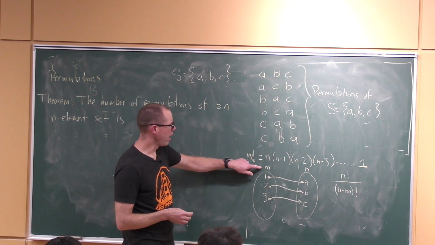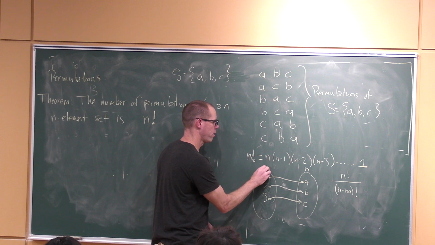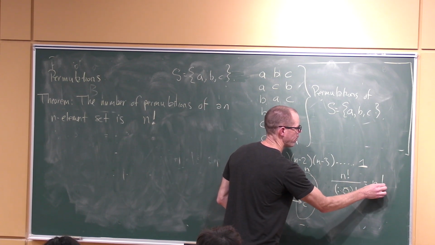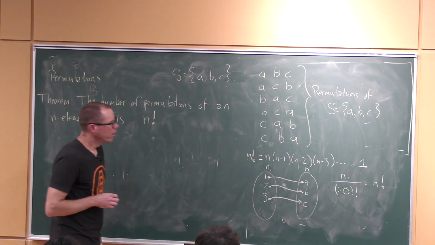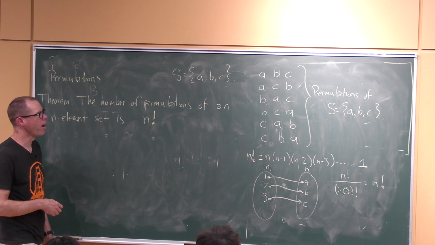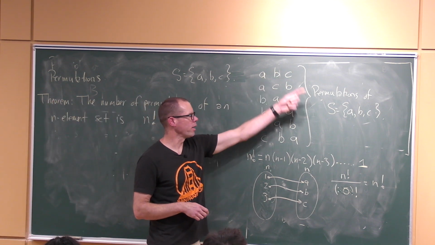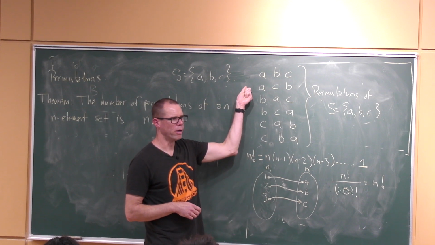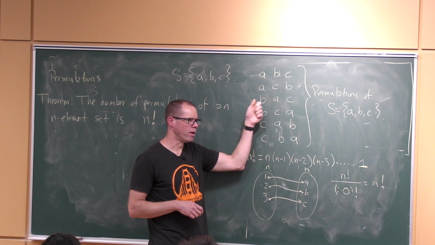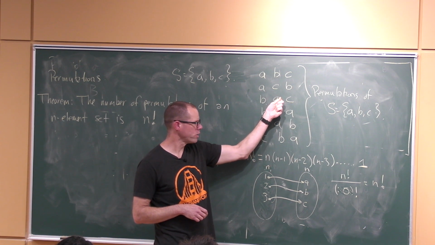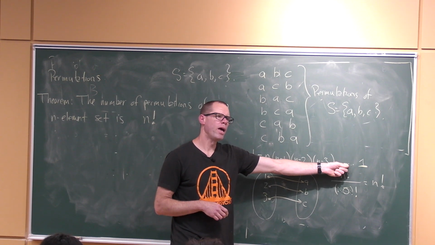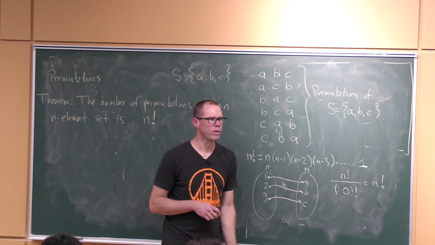But in this case, we have n and n on each side, so this is n factorial divided by 0 factorial, which is n factorial. Or if you don't like to use an old theorem, just use the product rule: I pick an arbitrary element from S and make it the first one. Then I pick an arbitrary element that I haven't picked yet and make it the second one. So that's n choices for the first, n minus 1 for the second, n minus 2, n minus 3, and when I get to the end, there's only one element left, so only one choice.